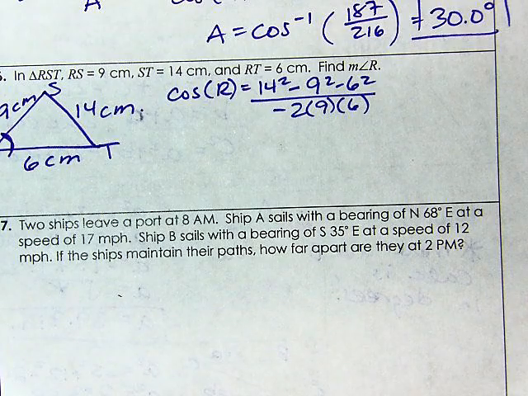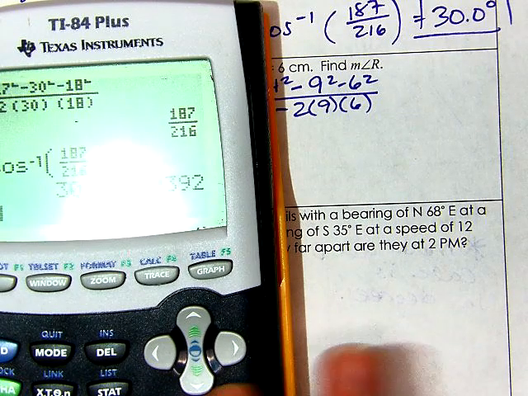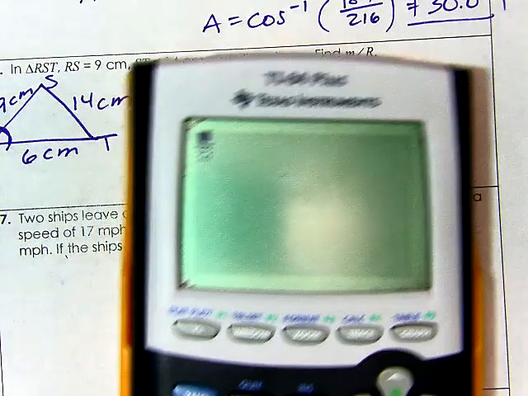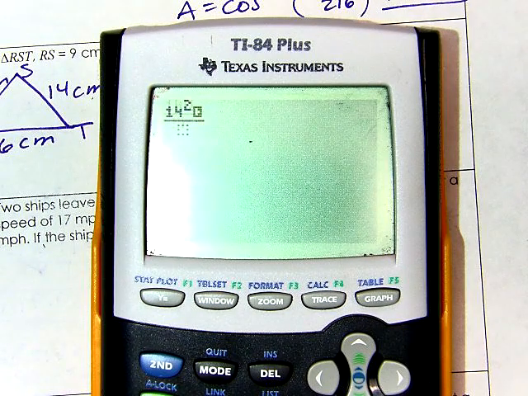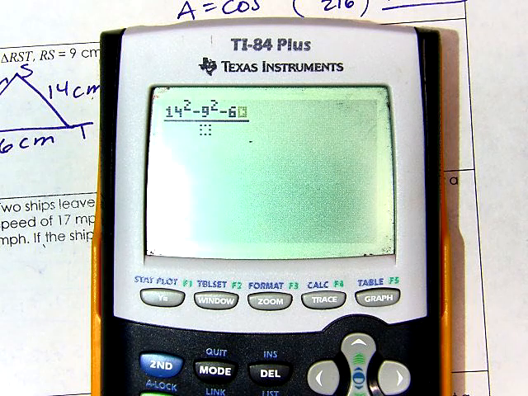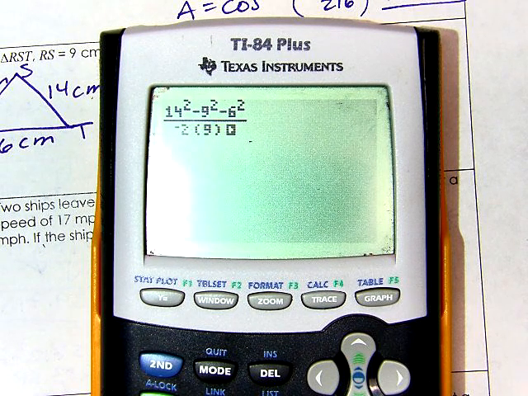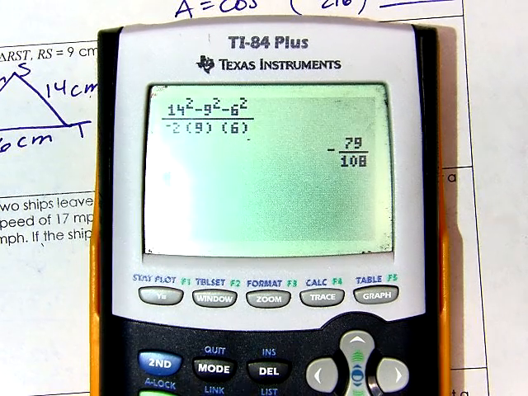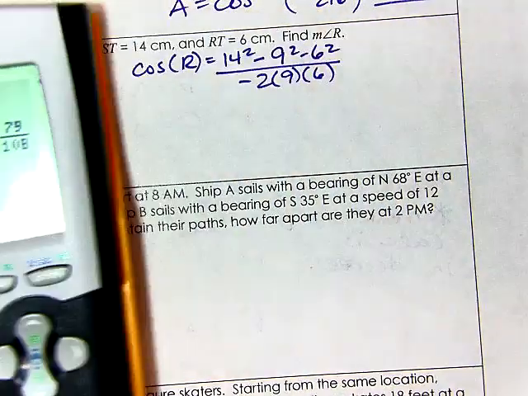Goes into the calculator, put my fraction in. So 14 squared minus 9 squared minus 6 squared all over negative 2 times 9 times 6. And I get negative 79 over 108.